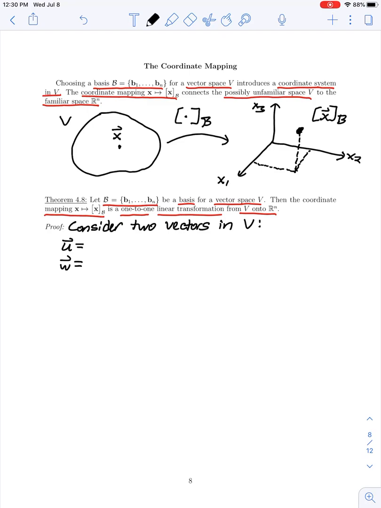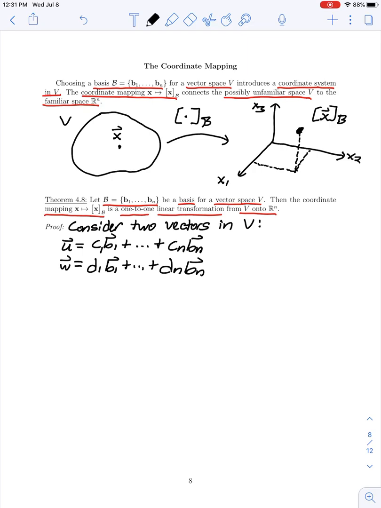Since B is a basis for the vector space V, each of these vectors is some linear combination of our basis vectors, say c1 times b1 plus c2 b2 up through cn bn. And a different vector w might have a different linear combination representation with weights, say, d1 through dn for these basis vectors.